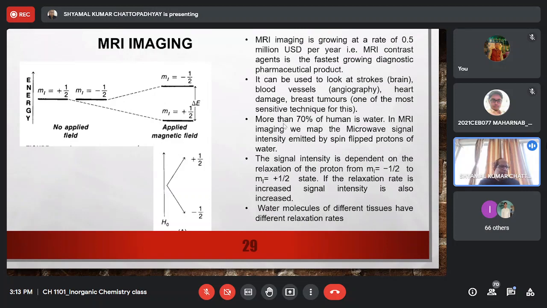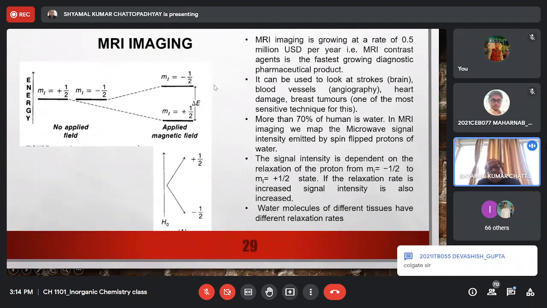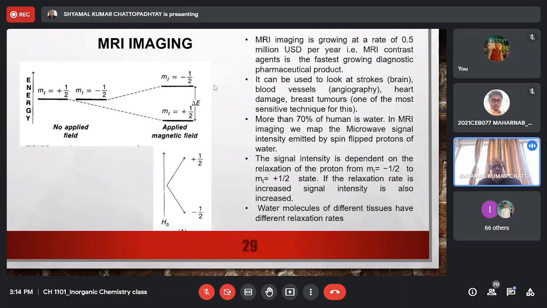Now, what is the function of the contrast agent? A contrast agent actually facilitates relaxation. We shall not go into the theory, but if the relaxation becomes faster, then the clarity and sharpness of the image increases, right? And the signal intensity also increases.